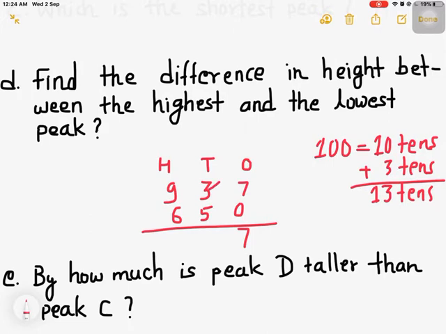That is why we have 13 in tens column. When it gives 100 to tens column, then it remains 800, okay. And now 13 minus 5 is 8. 8 minus 6 is 2 meters, okay. Here 287 is the difference between the height of the highest and lowest peak. Understood?